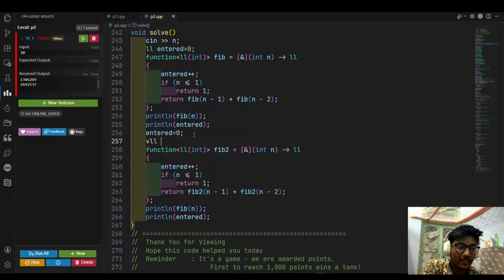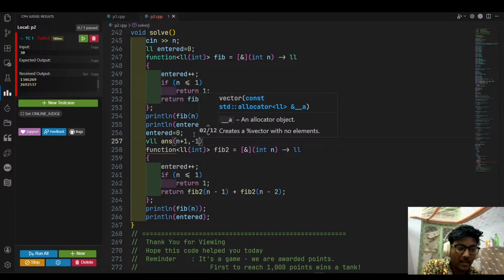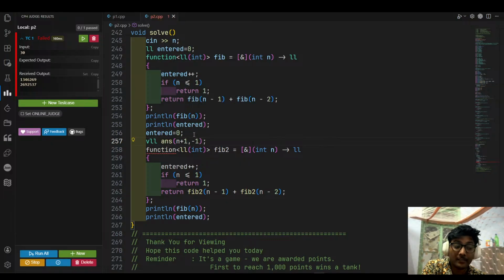So vector long answer, of course, that has to be of size n plus 1. And initially we can have a default value of minus 1. Or we can have a separate visited array as well. If you cannot figure out what the default value can be, it is a value which can never be the answer. So in this case, we know that minus 1 can never be the answer. So we can initialize it as minus 1.